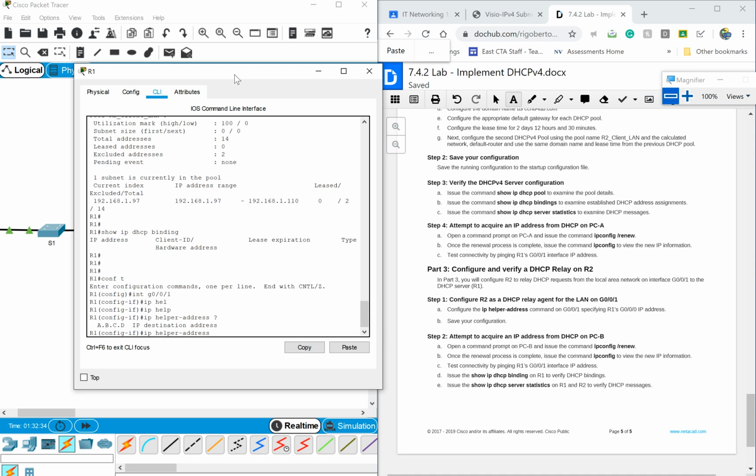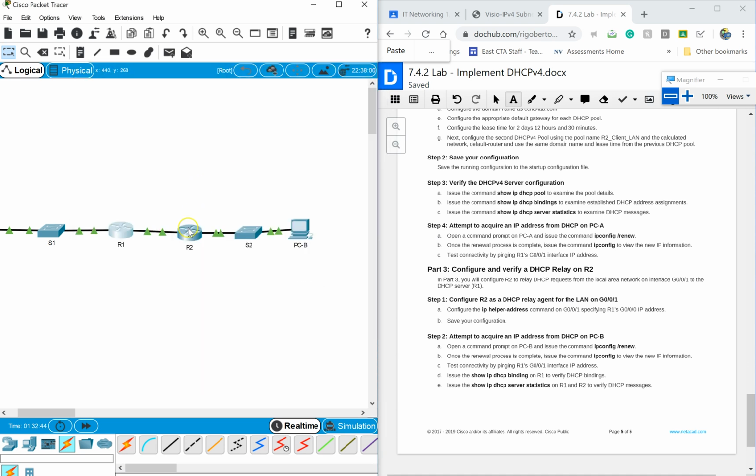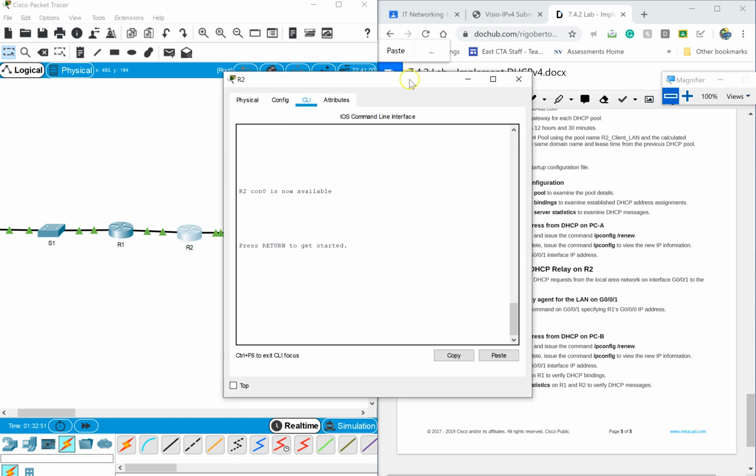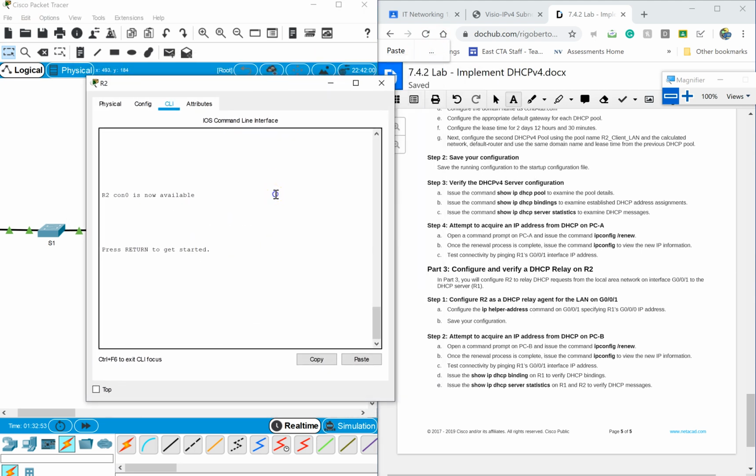And then what is my destination address? So it says that I have to configure that, specifying R1's... oh, my bad, I'm doing it on the wrong one. It says configure R2 as a DHCP relay agent. So I have to go to, I'm sorry, R2, not R1. Enable, conf t. See, reading helps.